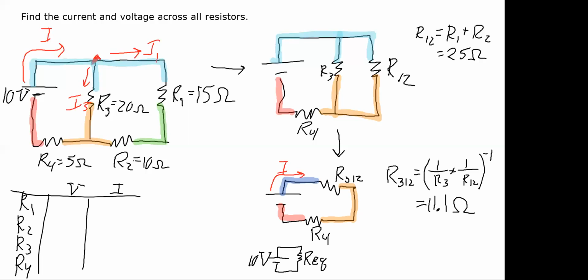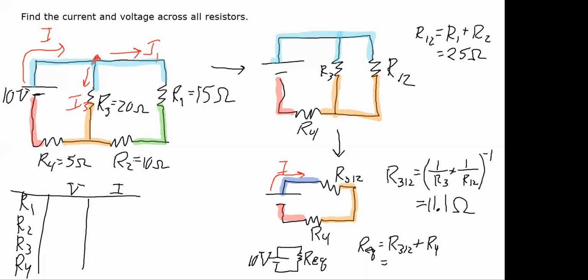So what is this R equivalent? Well, look at the previous step. We did R312 and R4 together. So my R equivalent here, if we're doing series, which we are, the R312 and the R4 are in series together. R312 plus the R4, so all we're doing is adding those two resistors together.